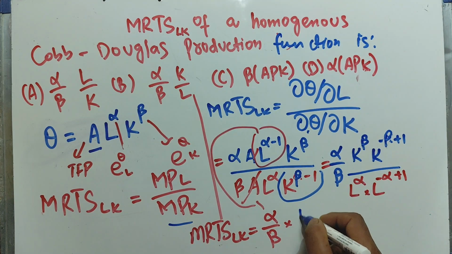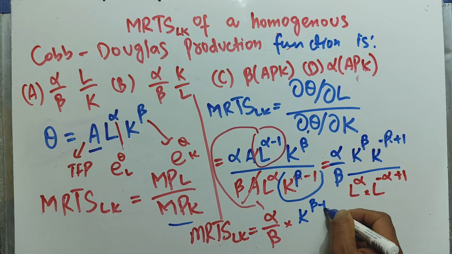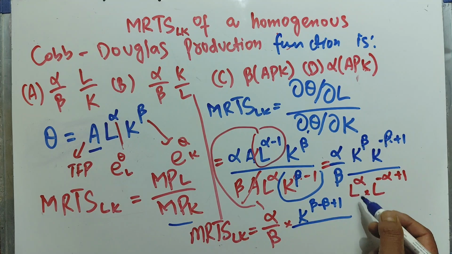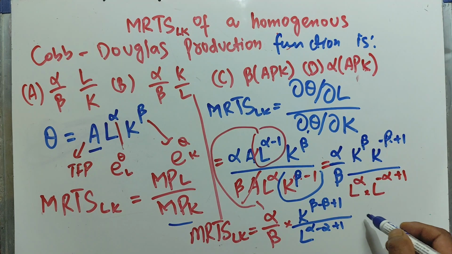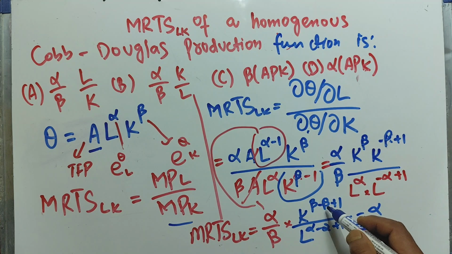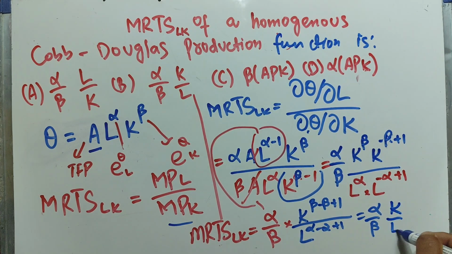Bases are same, we can add up the exponents, so we get beta minus beta plus 1. And similarly in the new denominator, again we have the same base, we get alpha minus alpha plus 1, so we will get alpha upon beta. Beta minus beta is equal to 0, so we get 0 plus 1 is equal to 1, so we get K upon L.